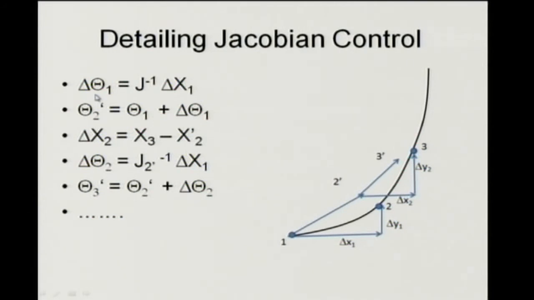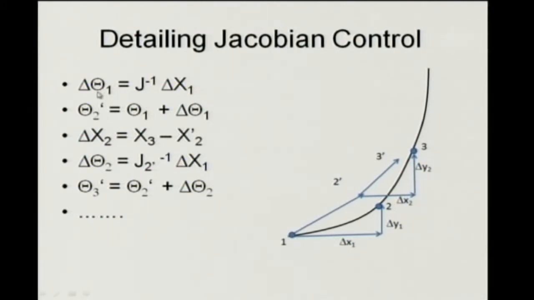And so, we know that if I now want to find out what is the delta thetas that I need to move from point 1 to point 2, then I will get that by using Jacobian inverse multiplied with delta x1. Now, this Jacobian inverse is something that I will calculate at point 1.